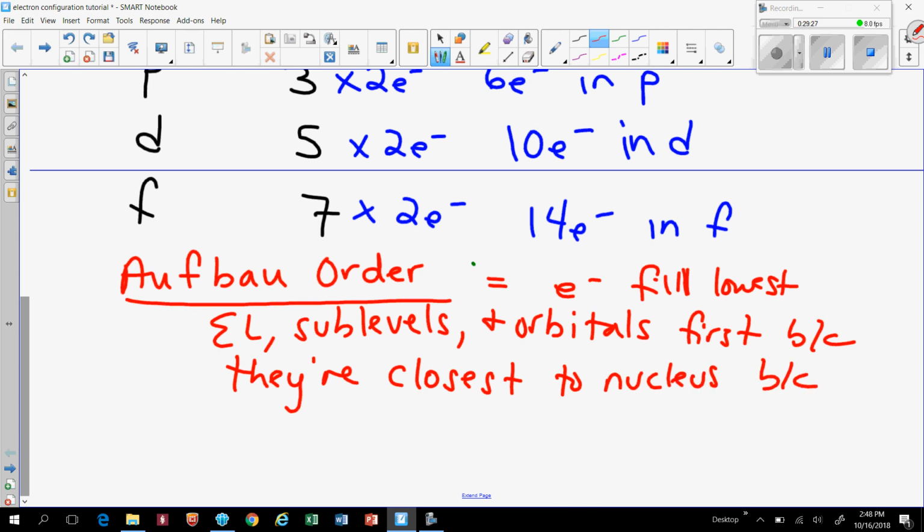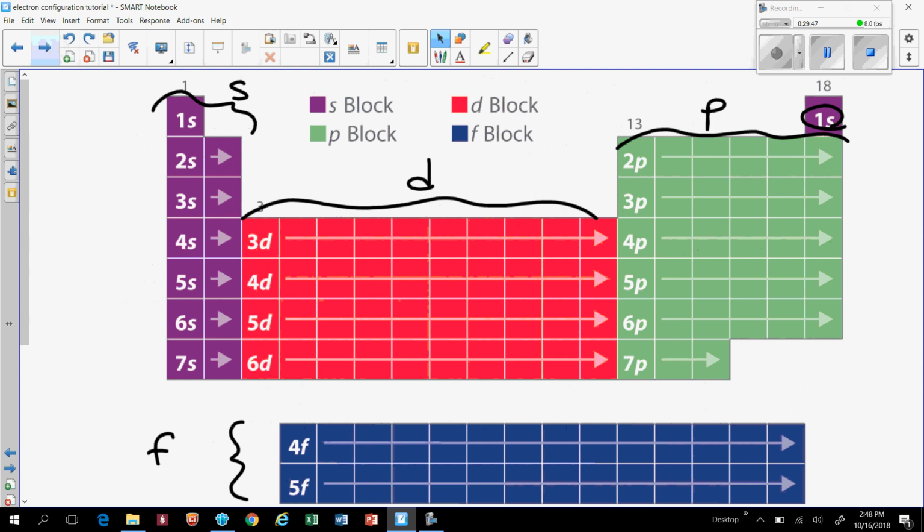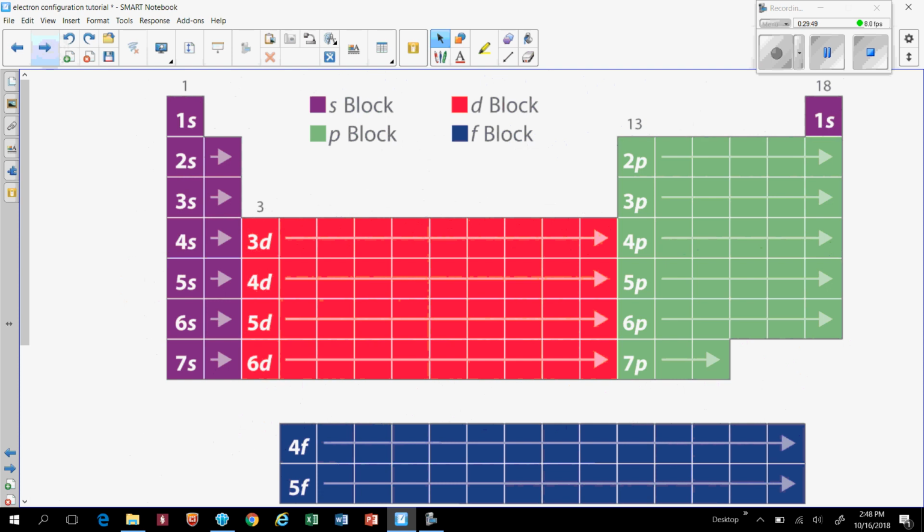And everything's always about stability. Atoms want to be stable, and they're going to do whatever they can to make themselves stable. So Aufbau order is telling us which energy levels, sublevels, and orbitals are filling first, because they're going to be the closest to the nucleus in order to maximize their stability. That is what we are following as we go through the periodic table.